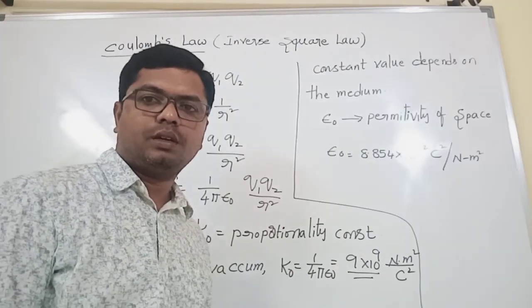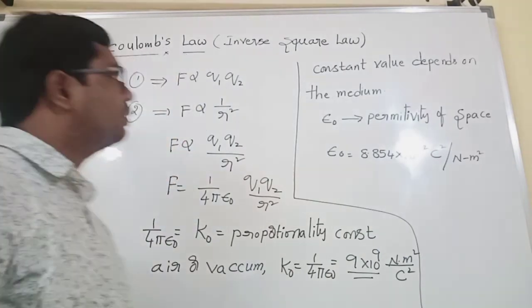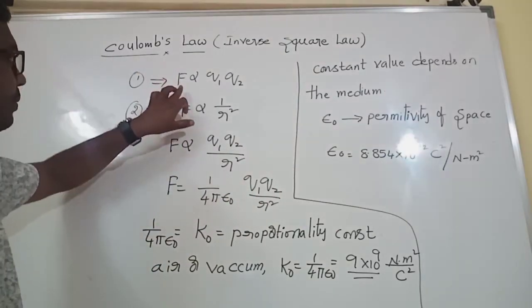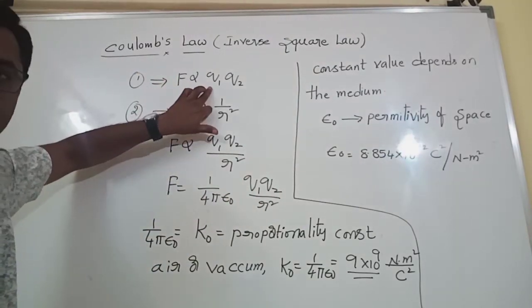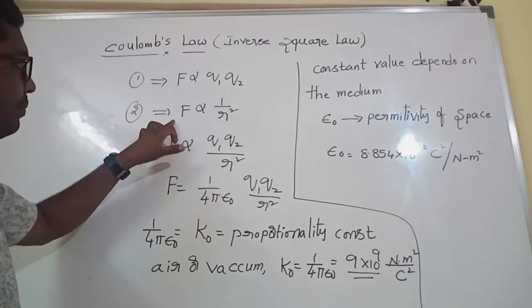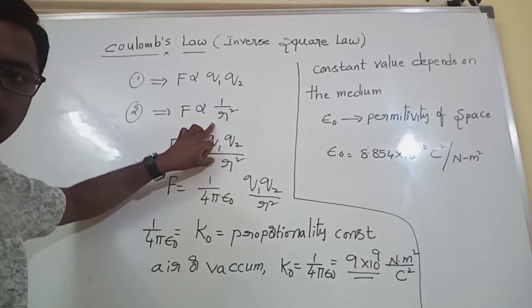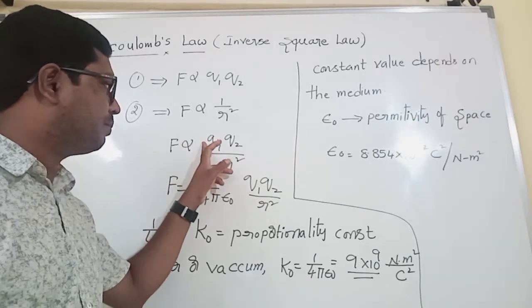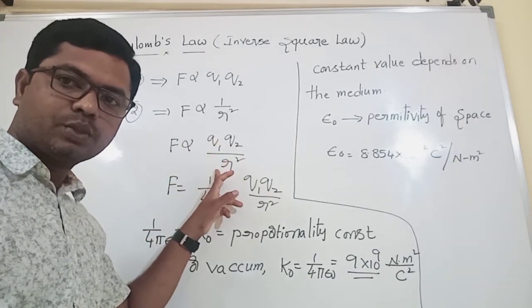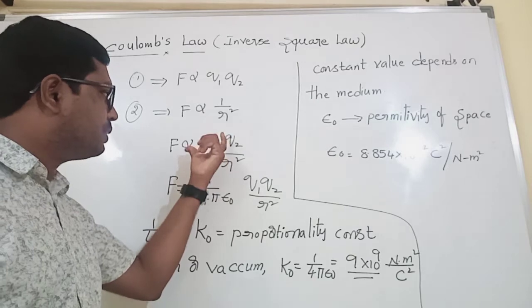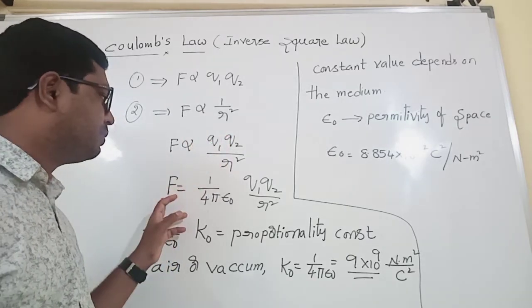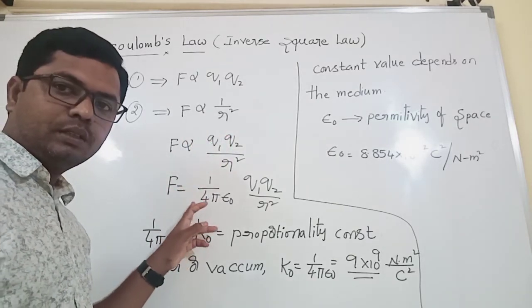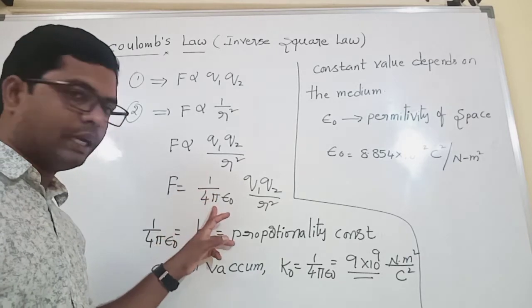We are going to talk about these two. F is directly proportional to Q1 Q2. F is inversely proportional to square of the separation between these two. From this, F is directly proportional to Q1 Q2 by R square. If I wish to remove this proportionality, I am introducing the proportionality constant that is called 1 by 4 pi epsilon naught.